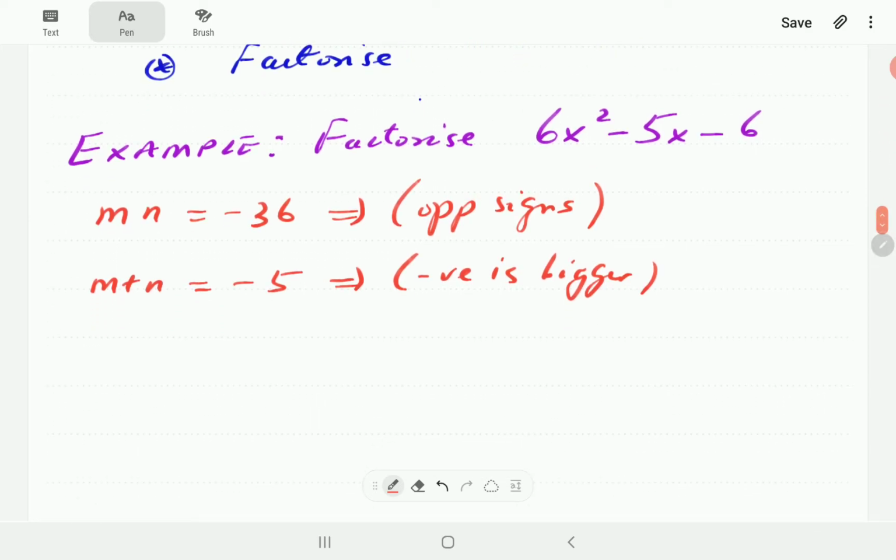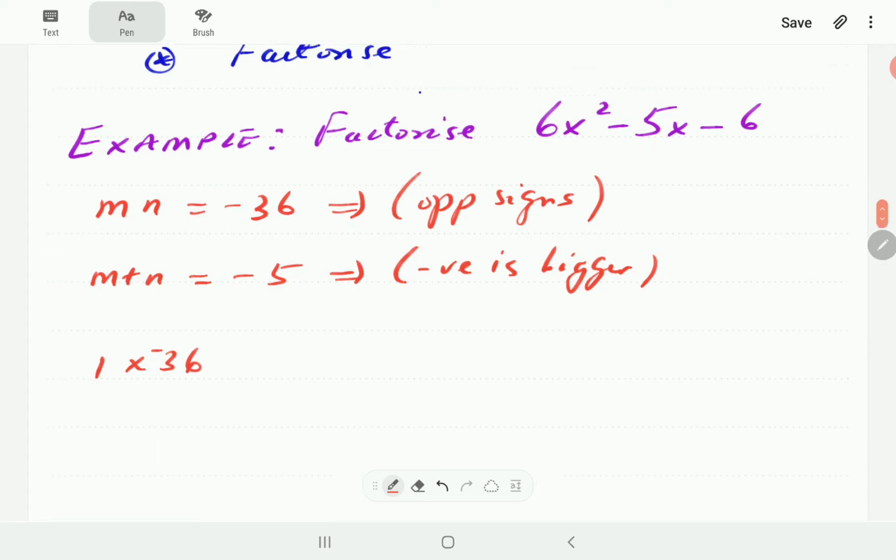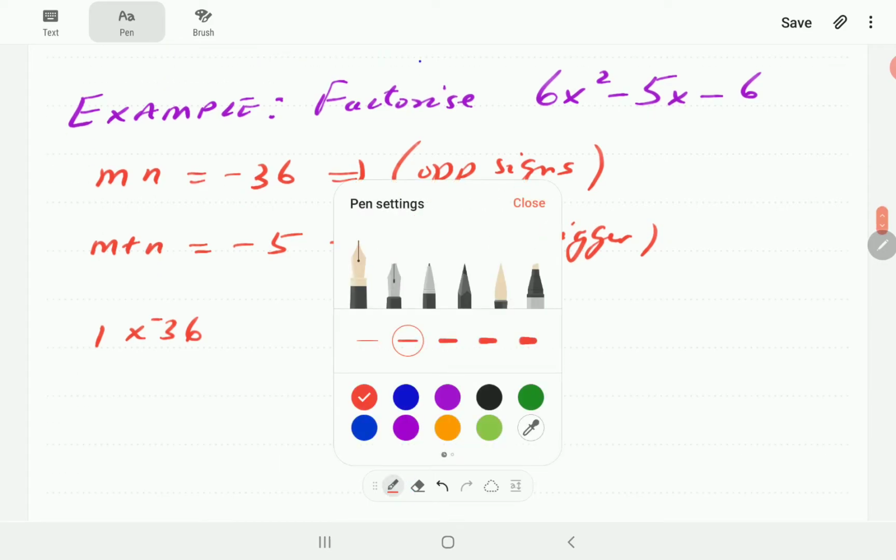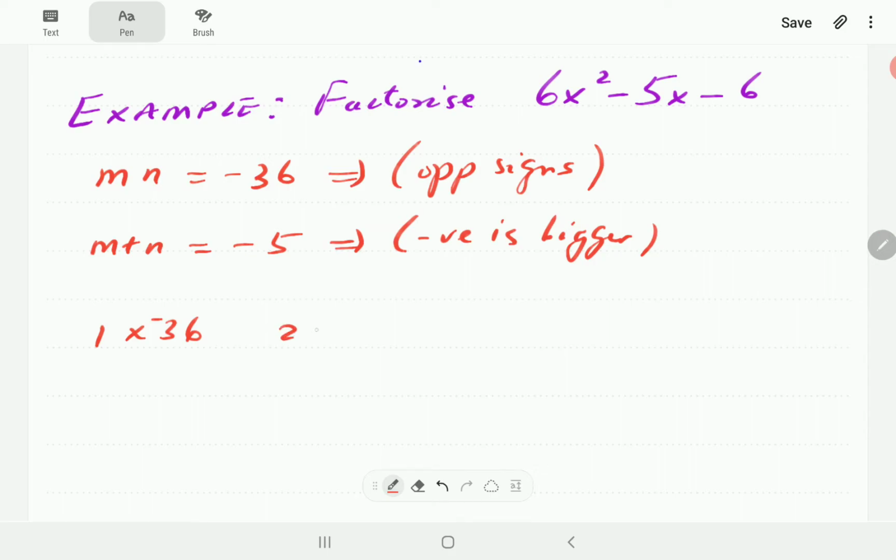So then we can look for these two numbers in a systematic way by just working through the pairs of numbers that multiply to 36. So for instance, 1 goes with 36. Then we want the negative one to be the bigger one, so we're going to put negative here. Then 2 is going to go with negative 18. Then 3 is going to go with negative 12.